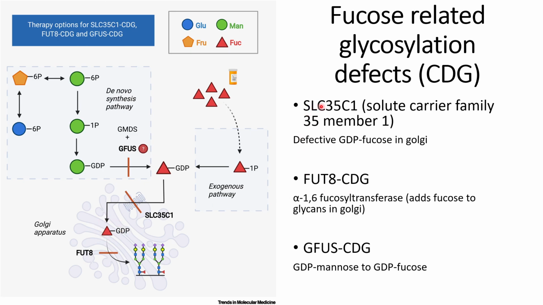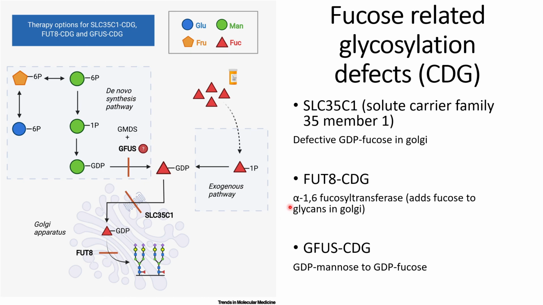FUT8 CDG and SLC35C1 are different in that in the first case there is defective GDP-fucose in the Golgi that prevents the post-translational modification. In this case, the enzyme is not defective, whereas in FUT8 CDG, the enzyme, alpha-1,6 fucosyltransferase, is defective.